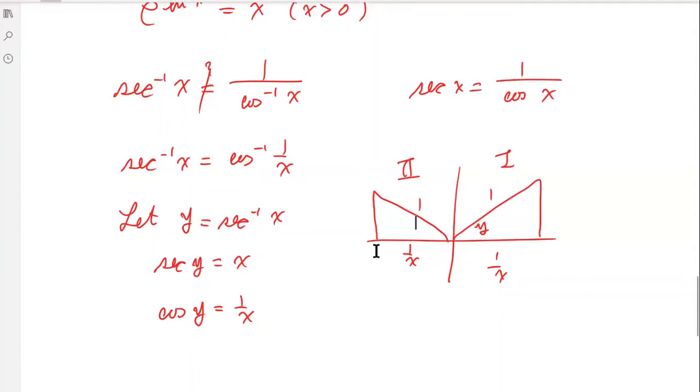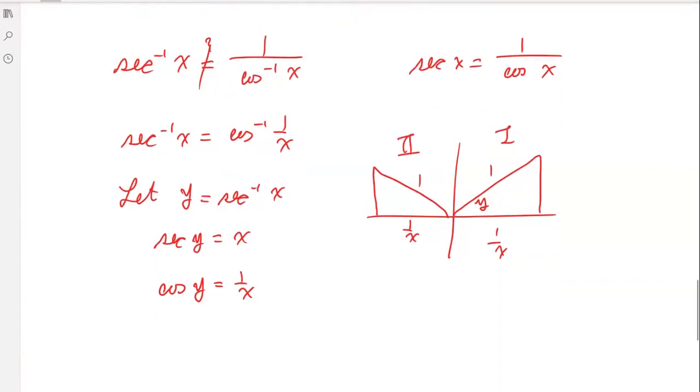See, x is negative. Does it make sense? Negative x value here. So this is still quadrant 1 and 2, and it can stretch out all the way to negative infinity, but x has to be more than 1 in absolute value. So it actually fits our domain, which is negative infinity to negative 1, union 1 to infinity. Because if x is less than 1, then the side is longer than the hypotenuse. There's a problem with that.